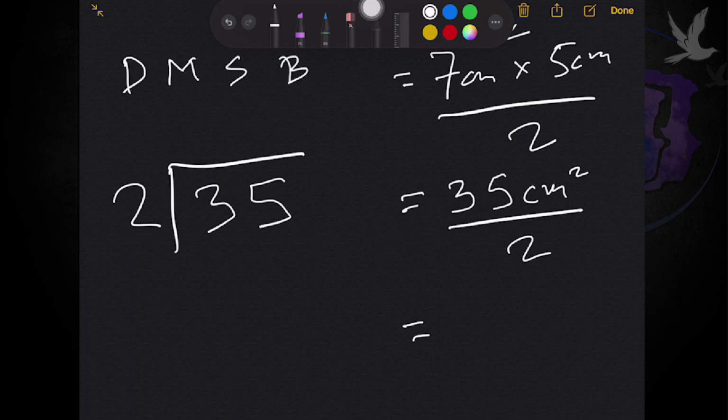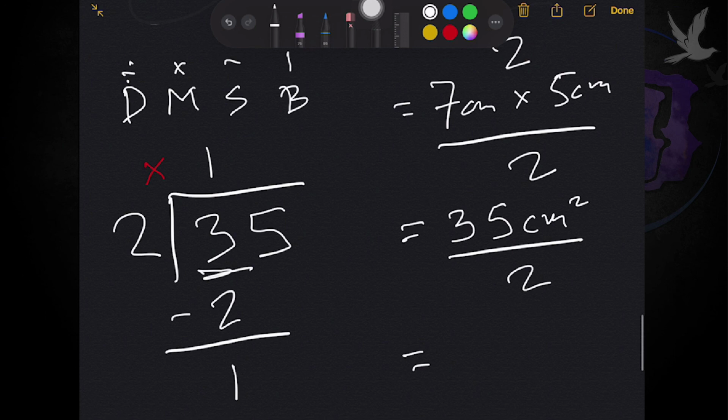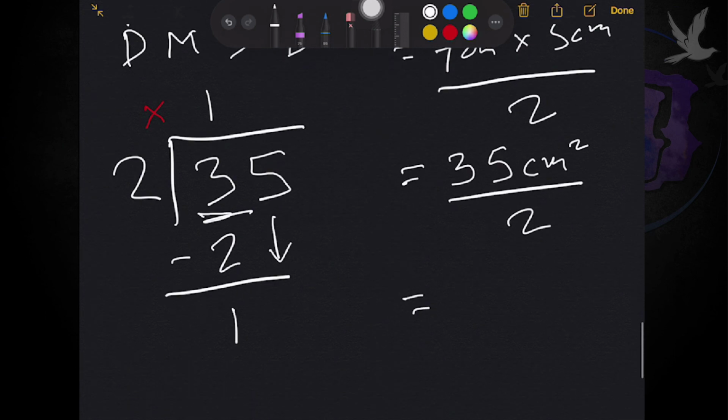I hope you still know how to divide. 3, the first digit, divided by 2 will give you only 1, because only one 2 will fit in 3. Then 1 times 2 will give you 2. 3 minus 2 will give you 1. See, after dividing, we multiplied, then we subtracted, and next we bring down. Bring down 5.